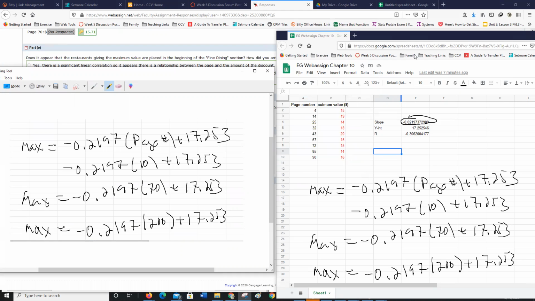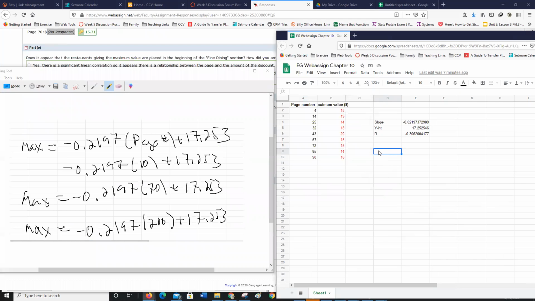Let's see, clear all drawings. Okay, so we're going to do max value equals. So then I'm going to click on the slope. I'm going to go times, what is it, 10 we're supposed to do? Plus the y-intercept. So that's the prediction for 10 pages.